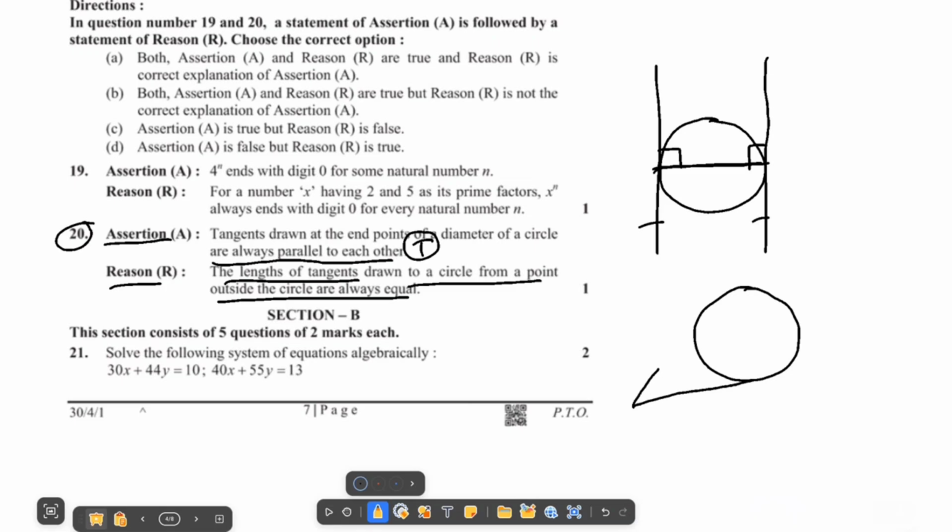We have already seen this: PA is a tangent and PB is another tangent from external point P. So this reason is also true, but there is no connection between the assertion and R, meaning R is not the correct explanation for assertion A. So both are true, but R is not the correct explanation. So option B is the right answer for this question.